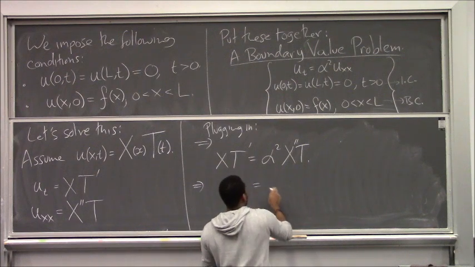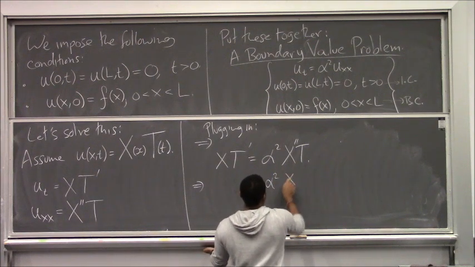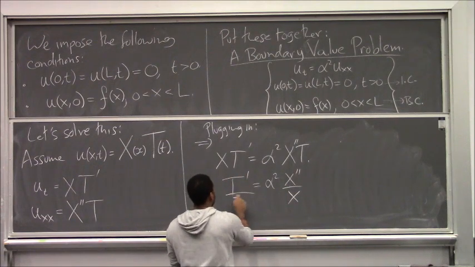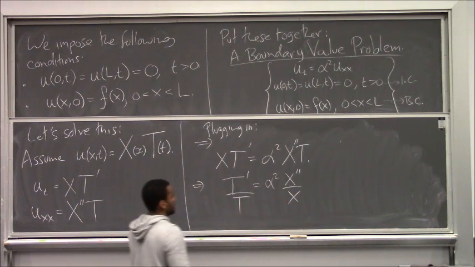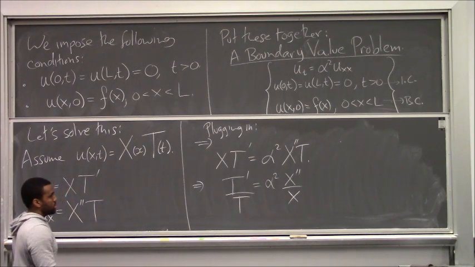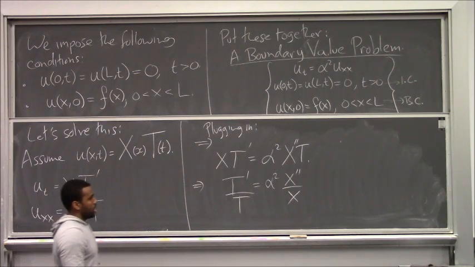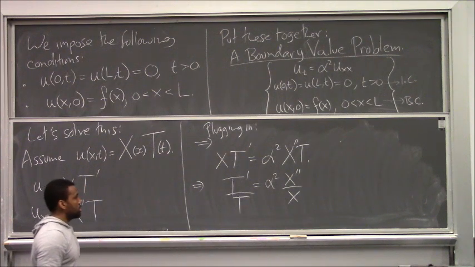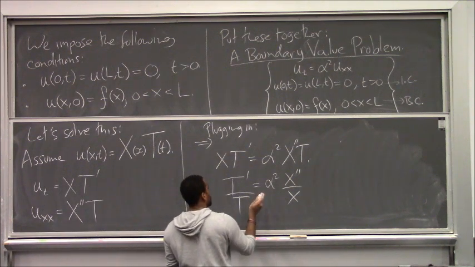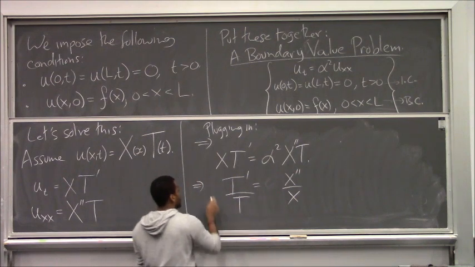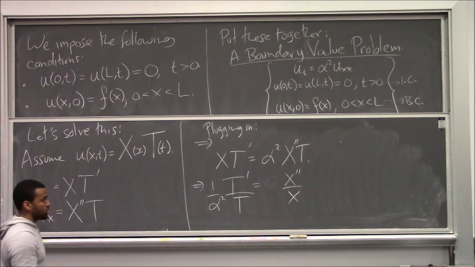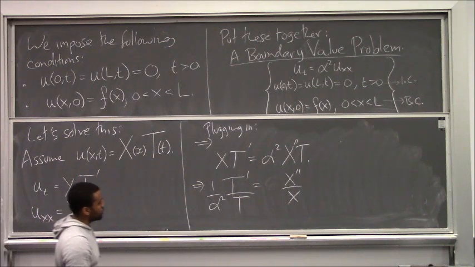So over here, we would have alpha squared X double prime. And I think just to make things a little bit easier, let's put the constant over here. Doesn't really matter, but it's just for something else to pop out to you.